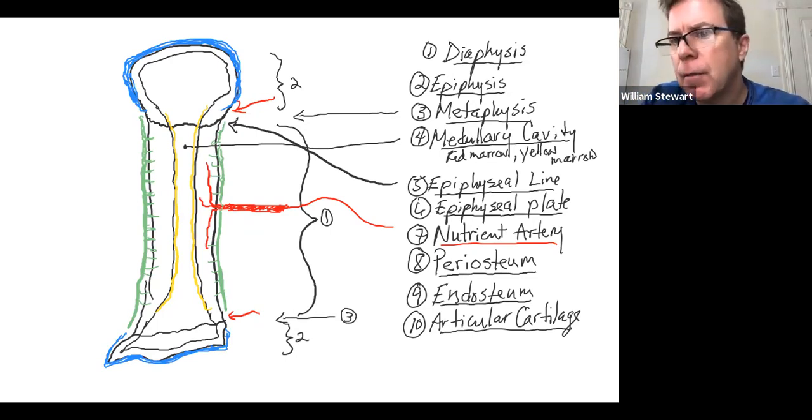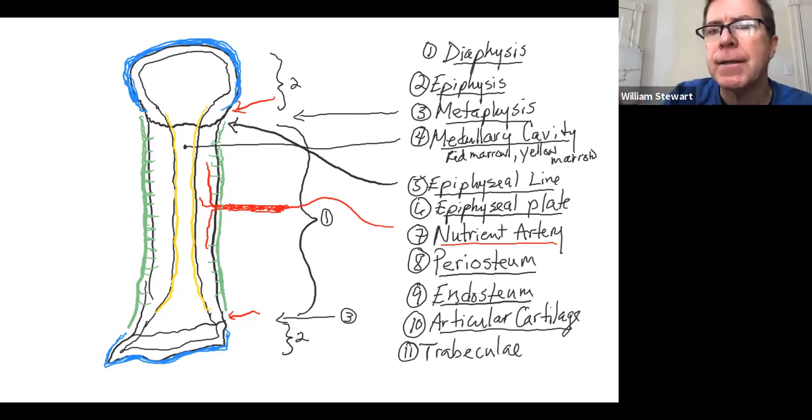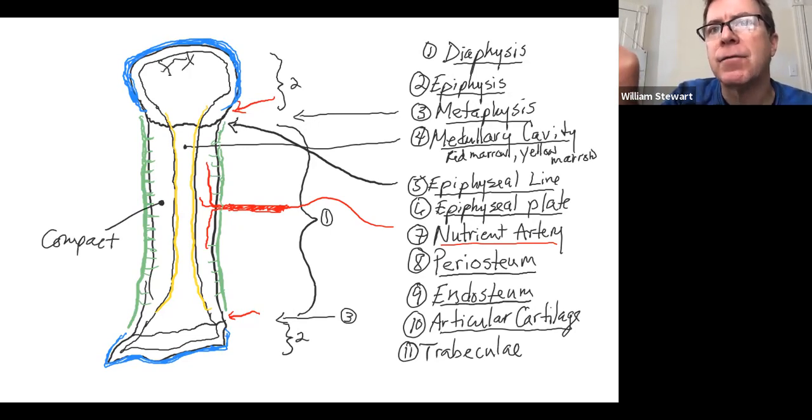Almost finished. Number 11, I'm writing trabeculae. Remember we said that this material in the shaft of a long bone is compact bone. It's hard and dense. And we said the ends of long bones, as well as the middle of flat bones, is typically spongy bone. That's what I'm drawing now.